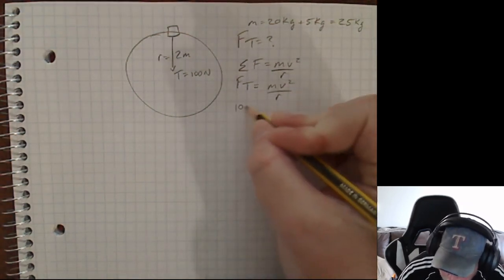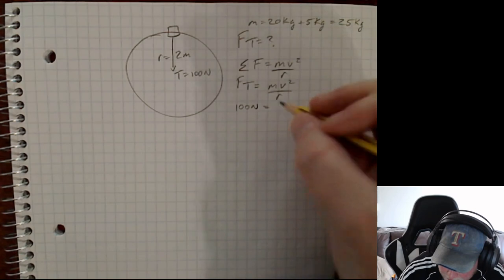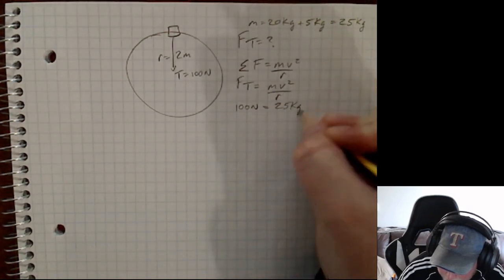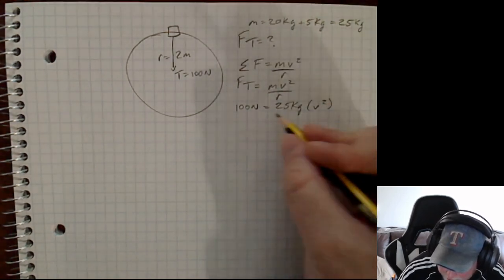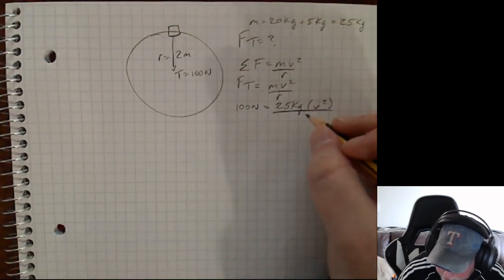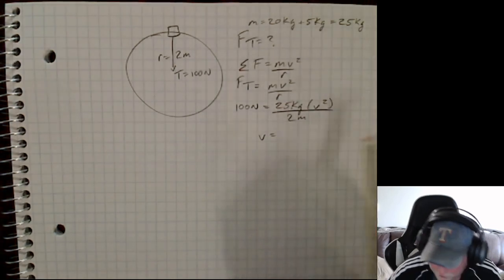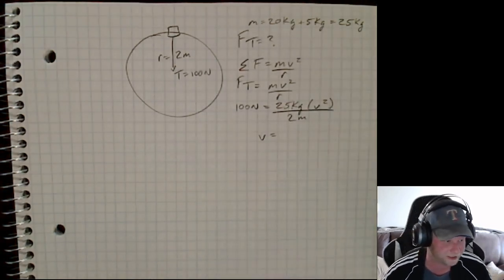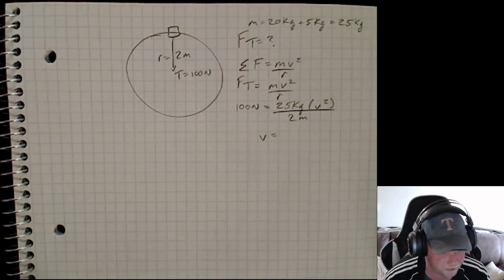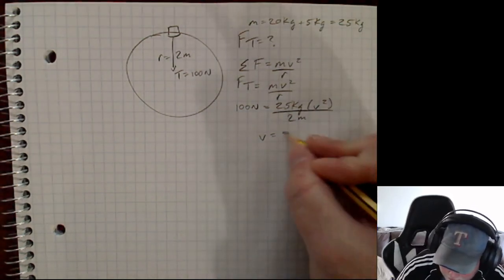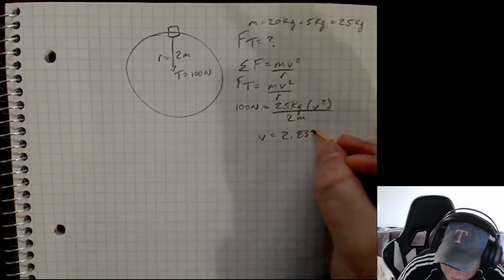So 100 newtons is equal to 25 kilograms times our unknown speed squared over a radius of 2 meters. If you solve for the instantaneous velocity, or the linear speed of the child, you get 2.83 meters per second.